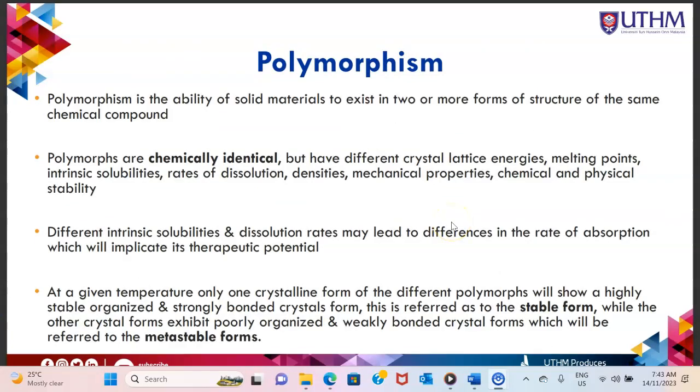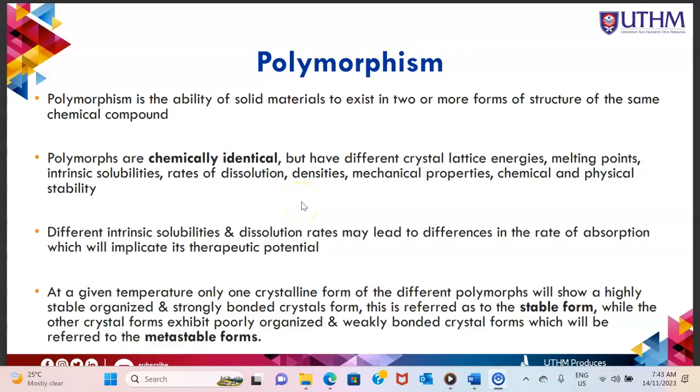And next, we have this factor of merit parameter of polymorphism. Basically, polymorphism refers to the ability of the substance to exist in different crystalline forms. Different polymorphic forms of a drug may exhibit variations in properties such as solubility, dissolution rate, and stability.